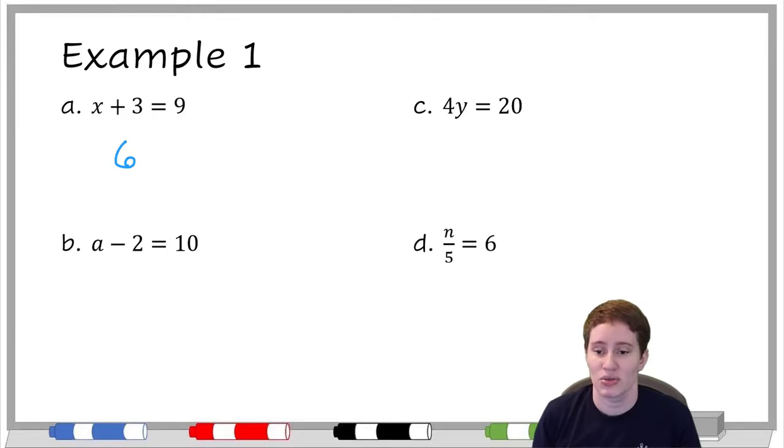We'll just go through the rest of these and see if we can do the same thing. Because it's an equation, we'd write x equals 6 to say, hey, you asked me what x is, and now I've told you x equals 6. On B, a minus 2 equals 10. So there's a number that we should be able to put here that when I subtract 2 from it, gives me 10.